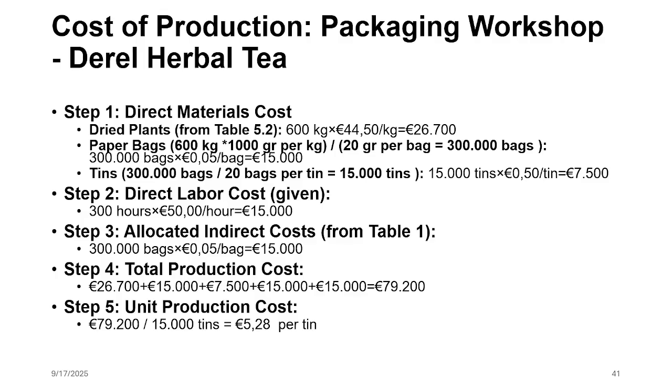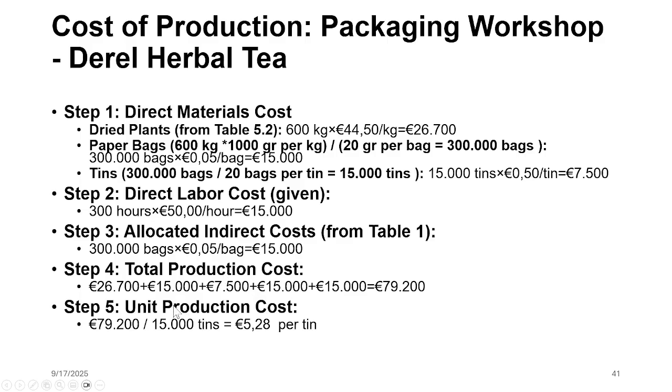So now we will continue to apply the same methods to calculate the cost of production at the packaging workshop for the second product, the Durant Herbal Tea. After the 5 steps: the first step is to calculate the direct material cost, the second is the direct labor cost, the third is the allocated indirect cost, and then the total production cost, right?